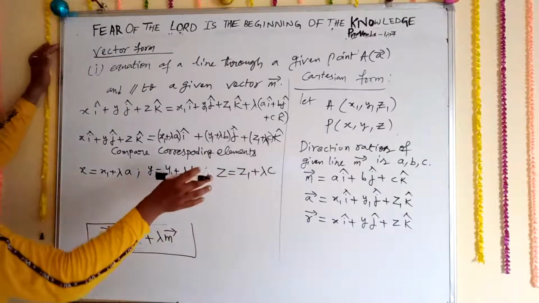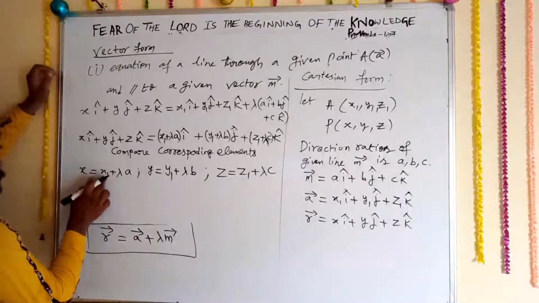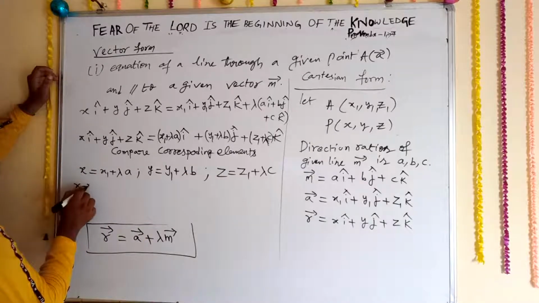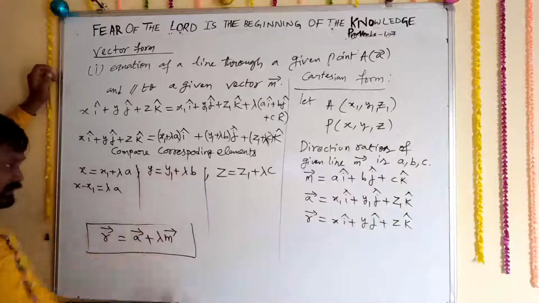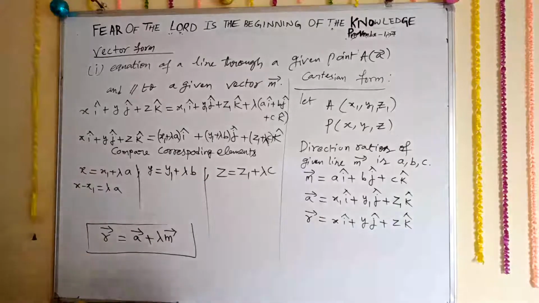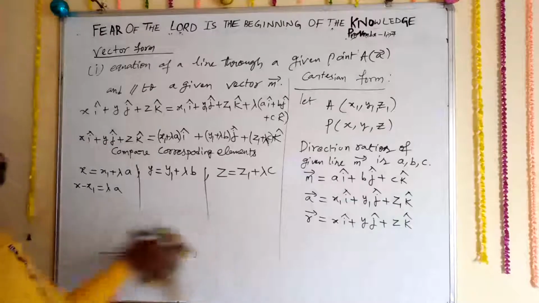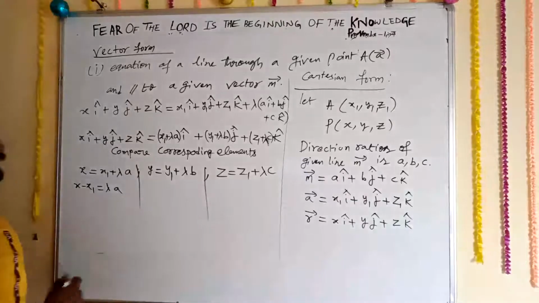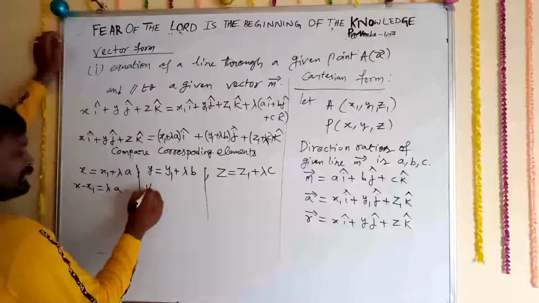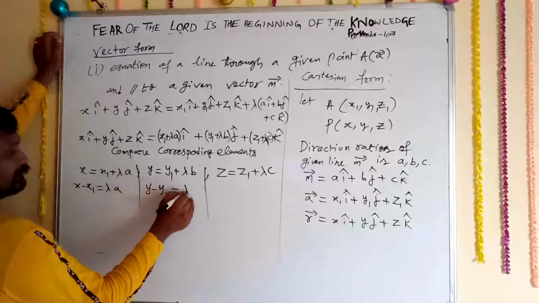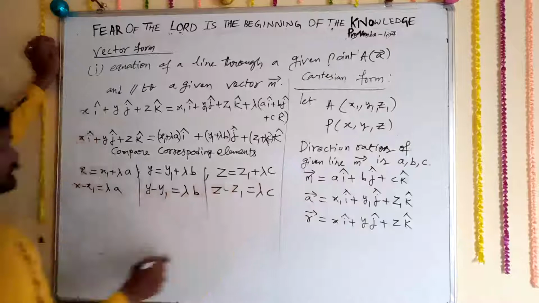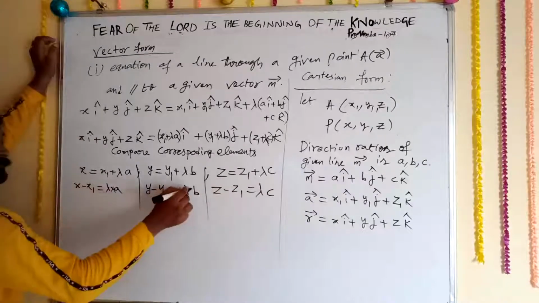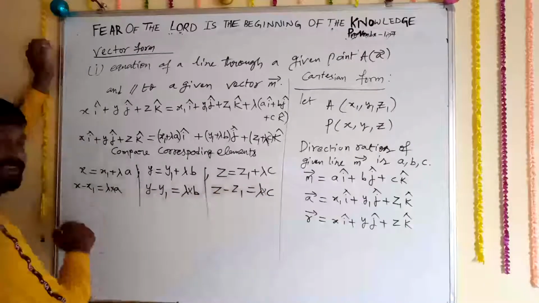Now in all places find lambda. Plus x1 goes to the other side as minus. So x minus x1 is equal to lambda a. Here y minus y1 is equal to lambda b, z minus z1 is equal to lambda c. Now multiplying goes to that side as division.